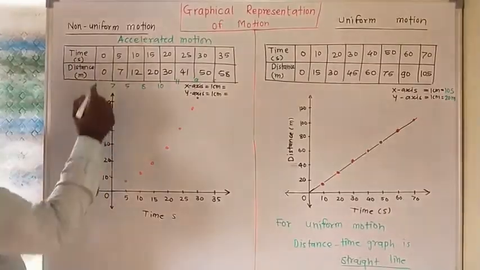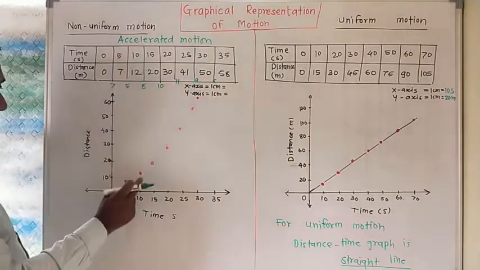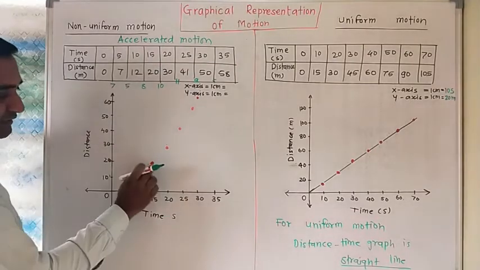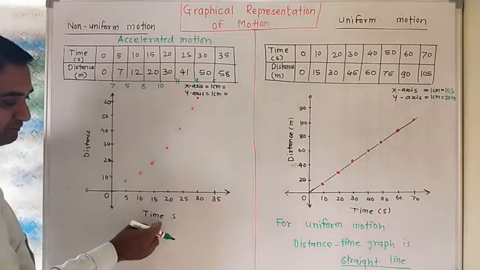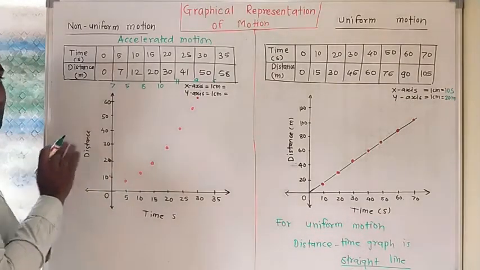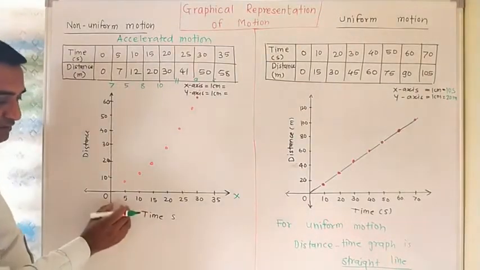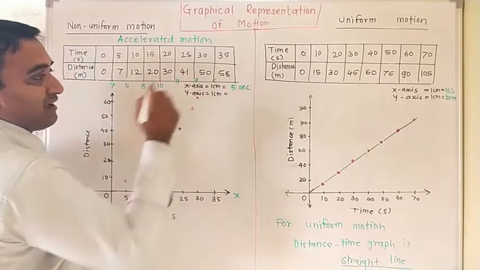See now, for 5 it is 7, the first point. For 10 it is 12, the second point. For 15 it is 20, the third point. For 20 we get 30. On the x-axis we have considered time, where 1 centimeter is equal to 5 seconds.